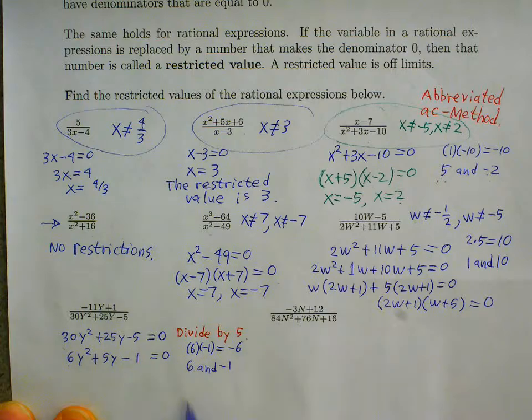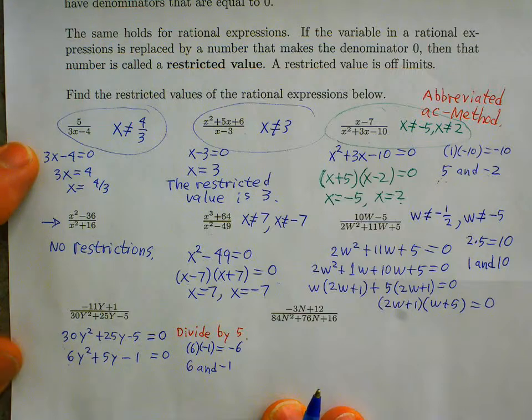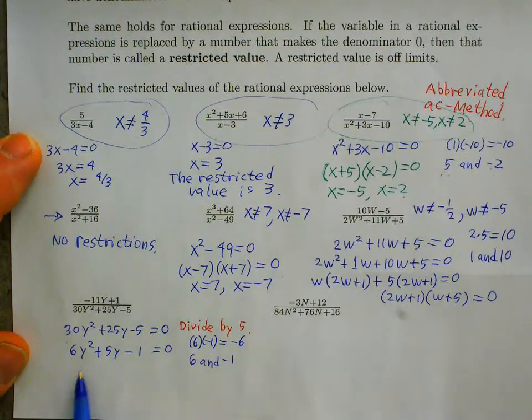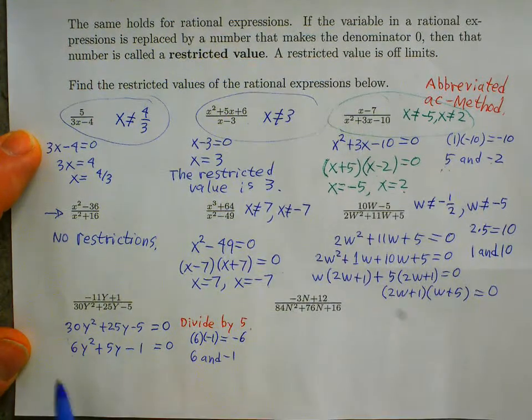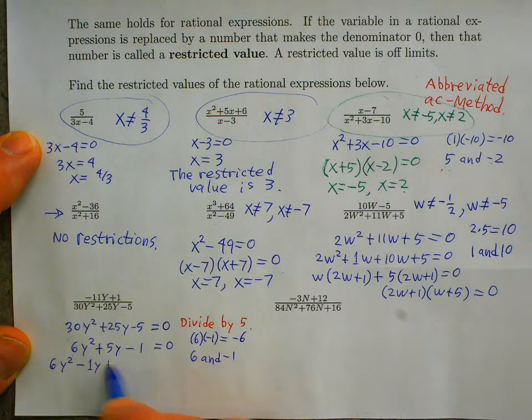If you add those, 6 plus negative 1, you get positive 5. So we can factor this. So I'm going to rewrite it as 6y to the second minus 1y plus 6y minus 1.